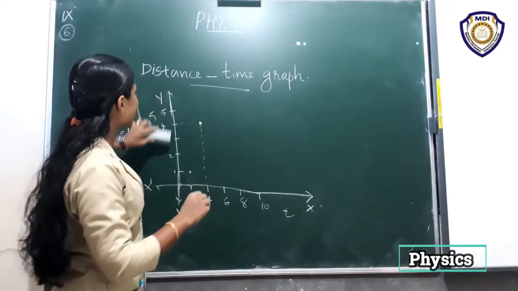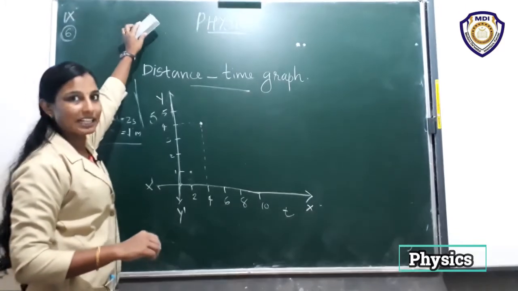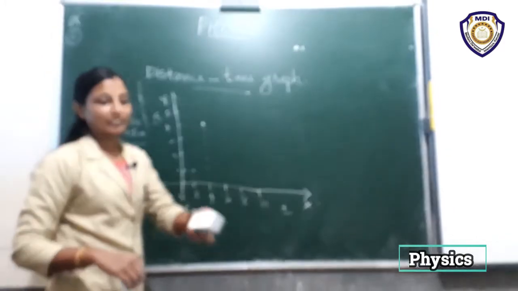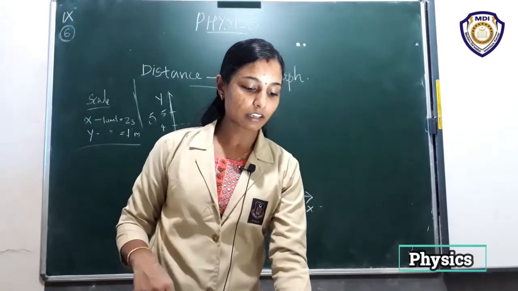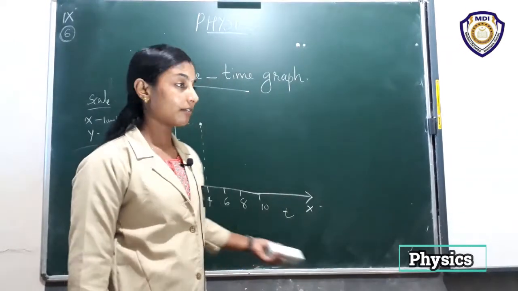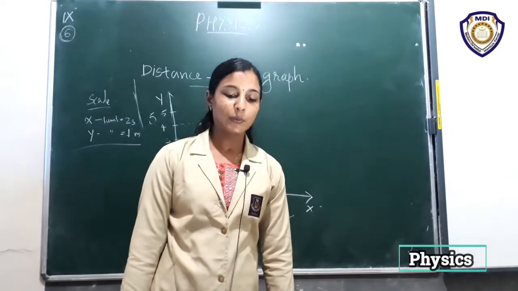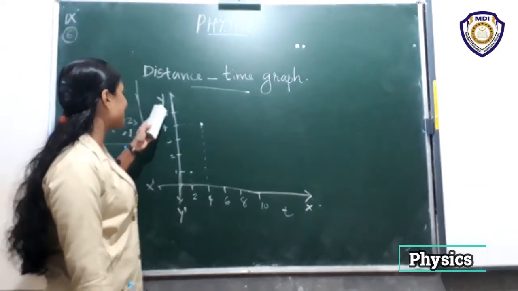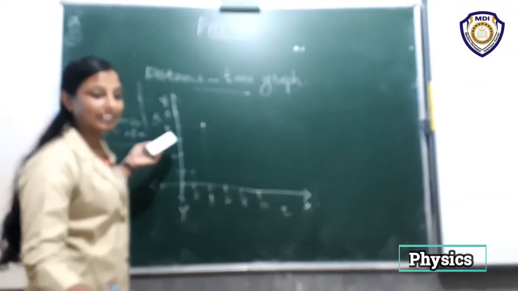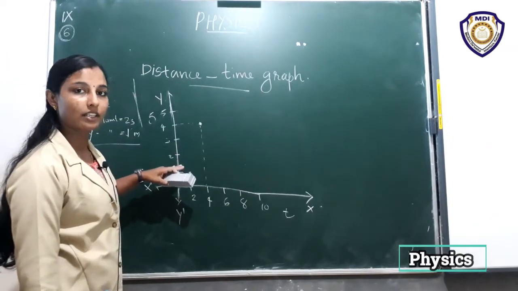If we take this with a small scale, we have to draw a long line on the y-axis. So there is the 36 distance in meters. It takes 36, right? If we are taking this scale, we have to draw a long line. So in your textbooks they take 5 as 1 unit, right?